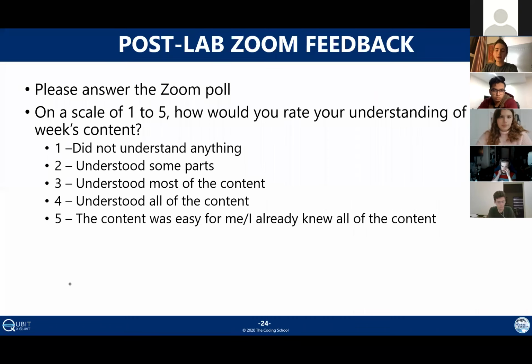This should be how you understood the lab content, all the stuff we went over with trigonometry and coordinate systems, on a scale of 1 to 5. So go ahead, fill that out. And if you don't want to stay for the optional content, feel free to hop off after that. If you do want to stay, I estimate the optional content will take about another 5 minutes. It's not very long this week.